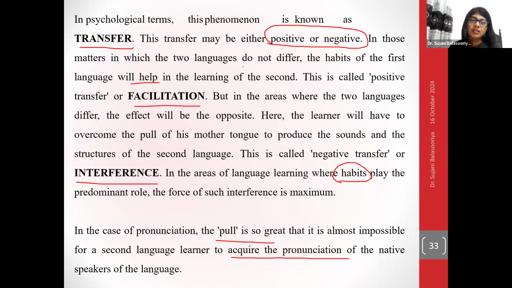The sentence structures, patterns, the structural aspect. For one simple example, in Sinhala we have the SOV pattern: subject, object, verb. In English, we have subject, verb, and object.